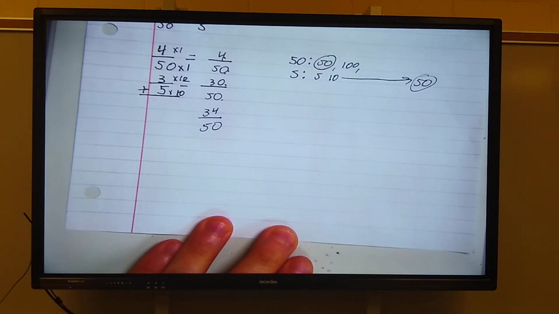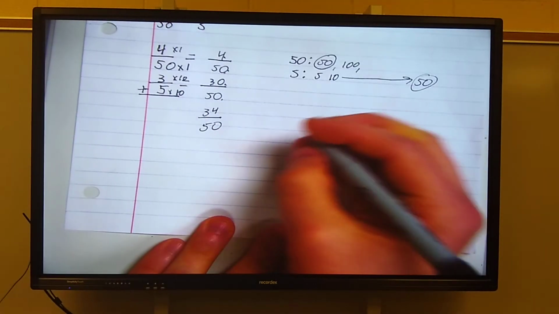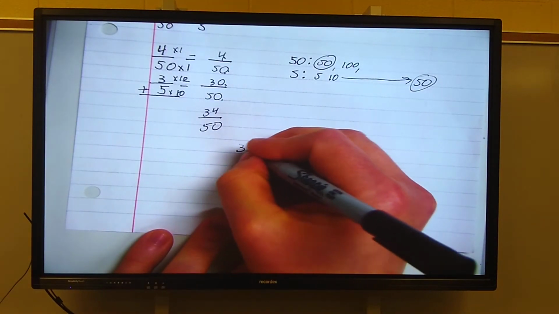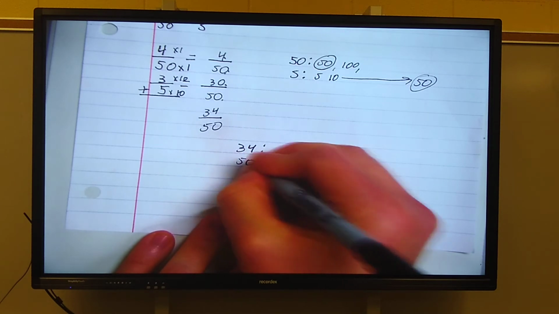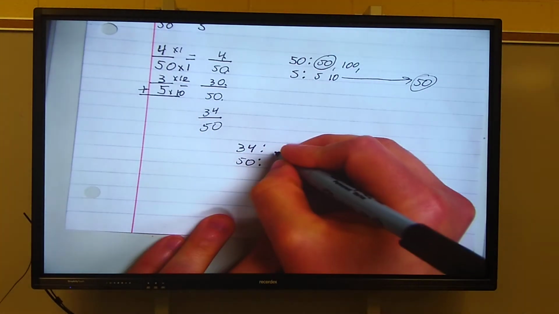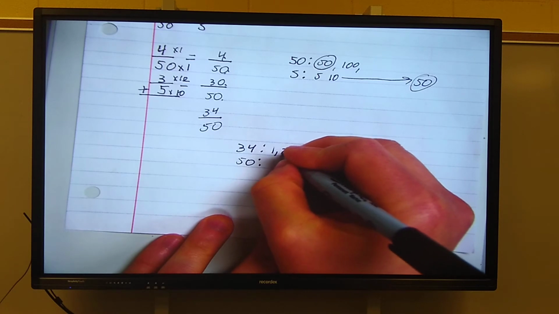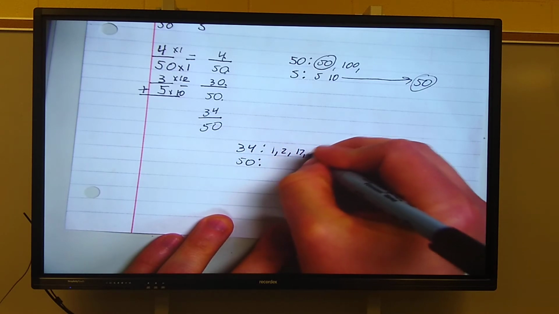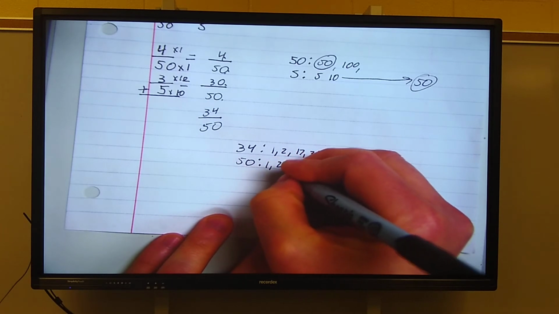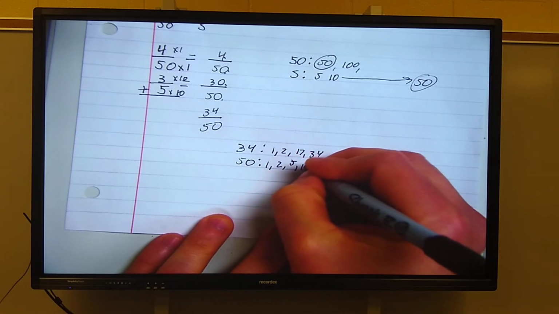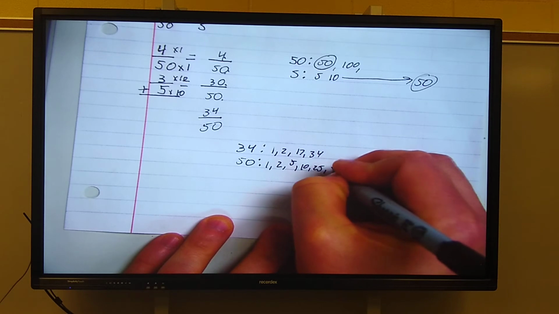Now I must ask myself the two questions. Is it an improper fraction? No, it is not. Then I have to ask if it is in simplest form. Now that I will have to check by finding the factors of 34 and 50. The factors of 34 are 1, 2, 17, 34. The factors of 50 are 1, 2, 5, 10, 25, and 50.